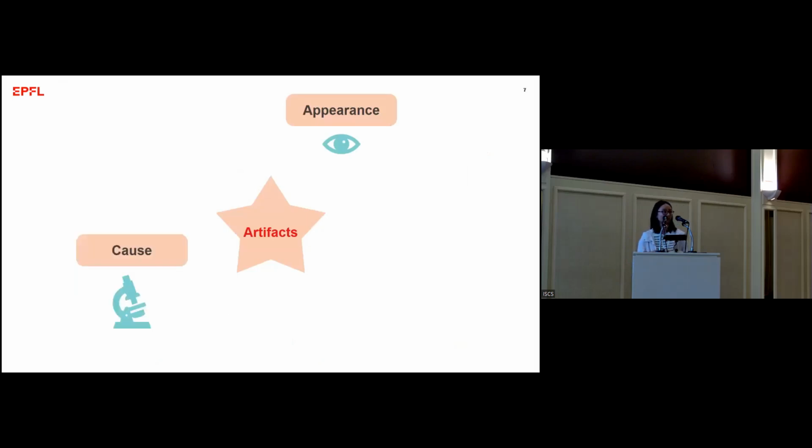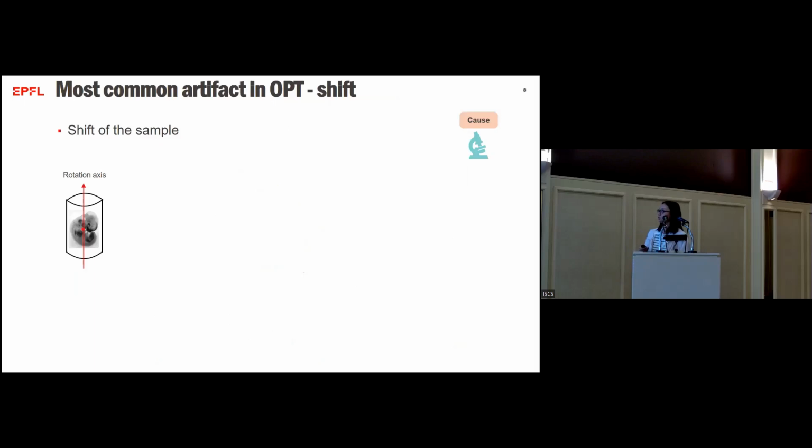When we look at artifacts, we try to approach them from three aspects. What do they look like? What causes these artifacts? And how do we correct them? Following this approach, we're going to take a look at the most common type of artifact in OPT, the shift of the sample.